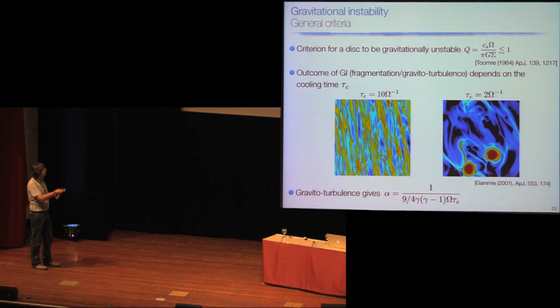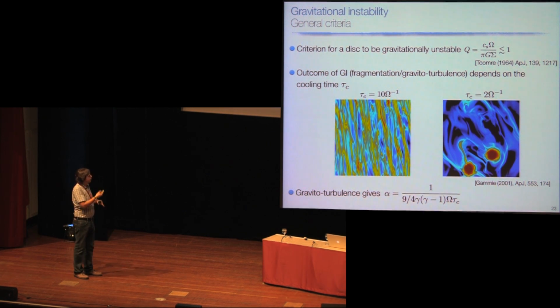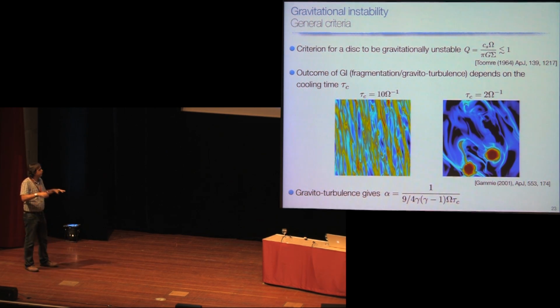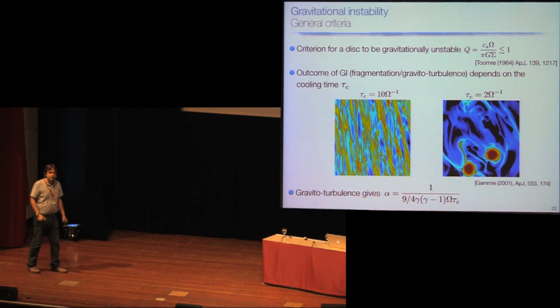If you heat up the gas, you increase the sound speed, and you jump to a value of Q slightly larger than 1, so that you switch off the gravitational instability. Then cooling will take place, c_s will go down, and here you go again. So you can manage to self-regulate the disk so that Q stays always around 1. That's described by this gravitoturbulence picture, shown here, for cooling timescales which are sufficiently long.